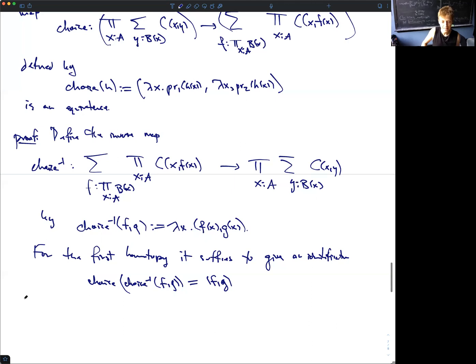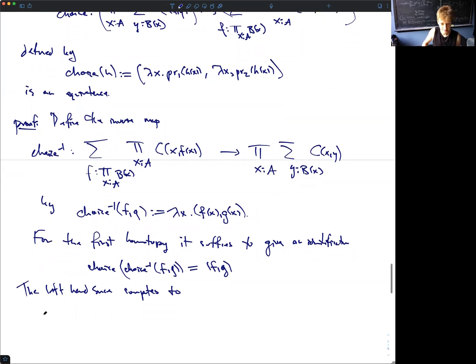The left-hand side computes, so I'm just going to unpack the definitions. Choice inverse of (f, g) is definitionally equal to the function lambda x dot f of x comma g of x.